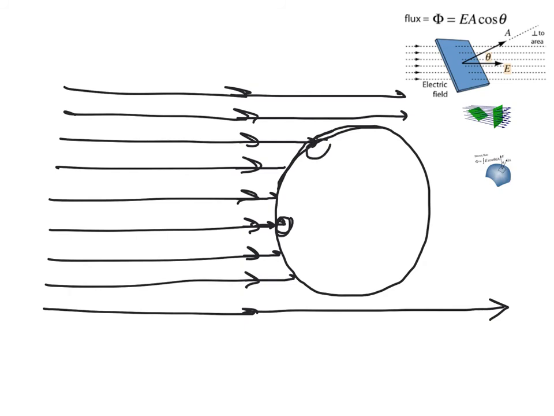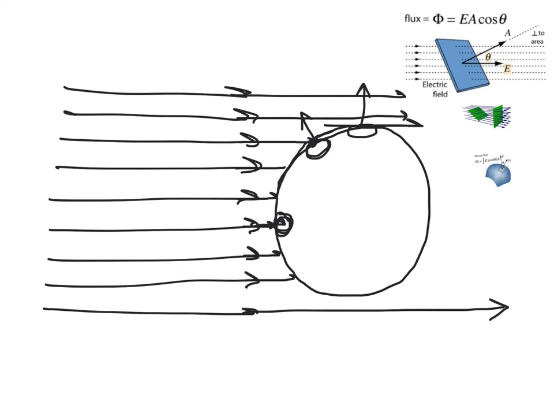Whereas if we take an area element here, it's hitting at an angle to that area element. And if we take an area element here, there's no flux hitting it, right? It's passing right over it because the angle would be 90 degrees and the cosine of 90 is 0.